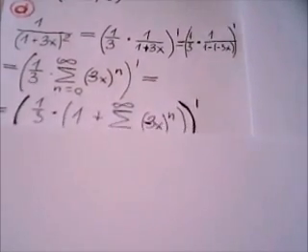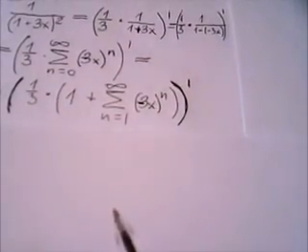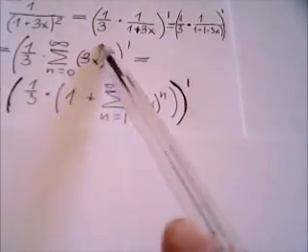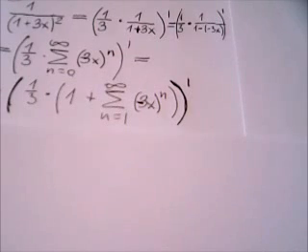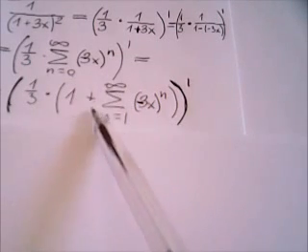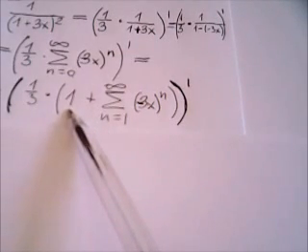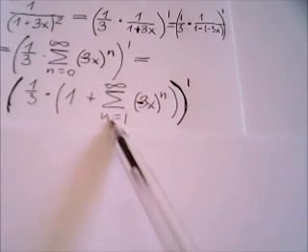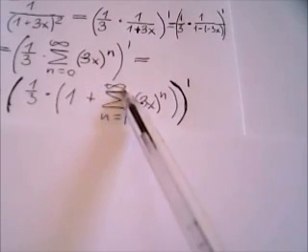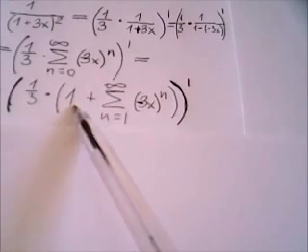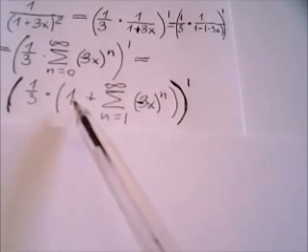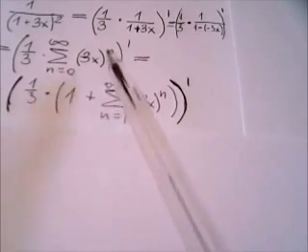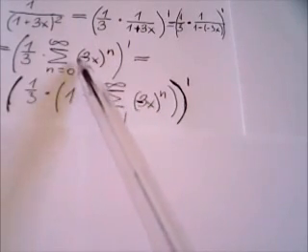And now we calculate the derivative. But first, this summation we write as the sum of 1 and the summation from n equals 1 to infinity, because 1 is the result when n equals 0.